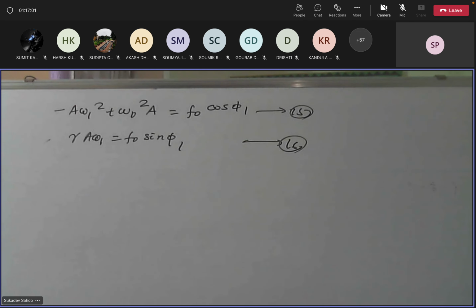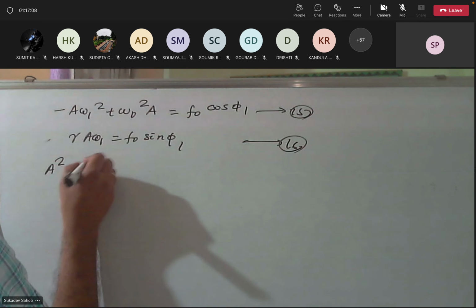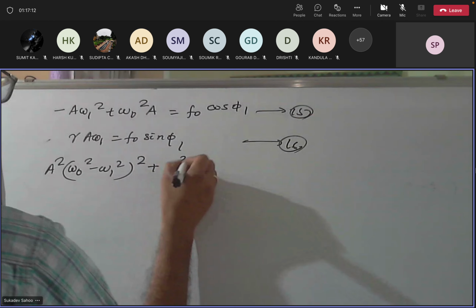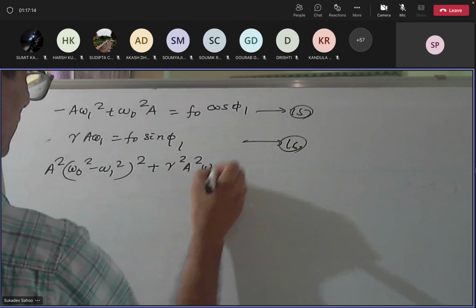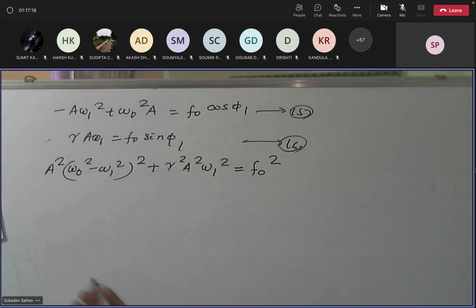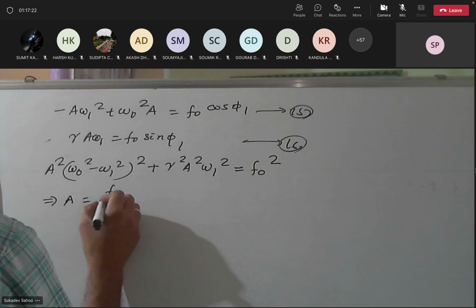Now squaring both equation number 15 and 16 and adding, we will get a square times omega 0 square minus omega 1 square whole square plus gamma square a square omega 1 square equal to F0 square. This implies a equal to F0 over the square root of the sum.